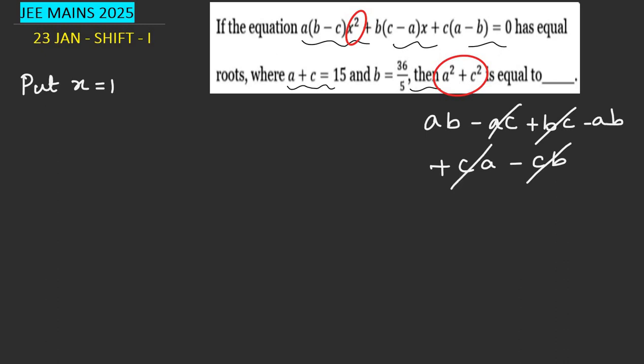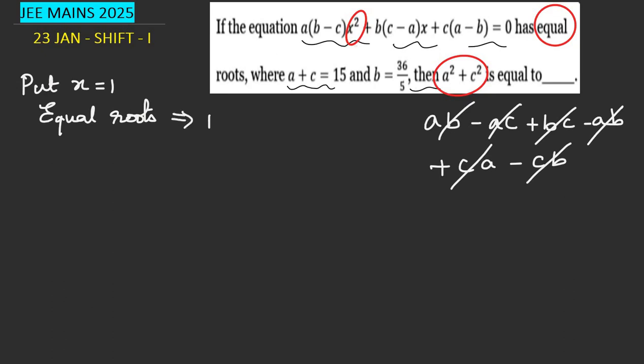Now this satisfies the given equation and therefore x = 1 is a root of the given equation, and it is mentioned in the question that it has equal roots. So the roots of the given equation are 1, 1.